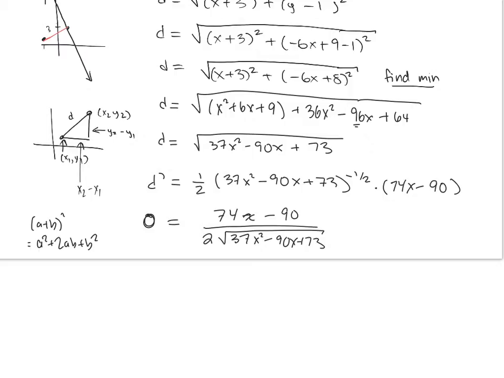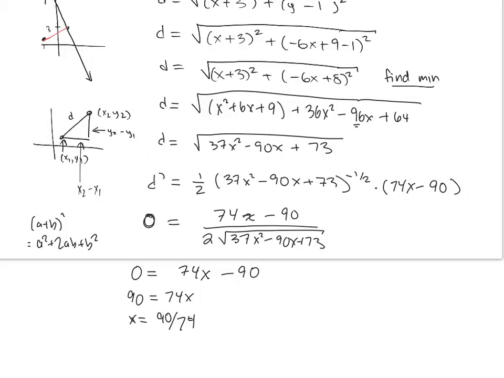Does the denominator matter here? Not really. So it's going to go away, and we're going to get 0 equals 74x minus 90, and then solve that for x, right? So 90 equals 74x, and x is 90 over 74.